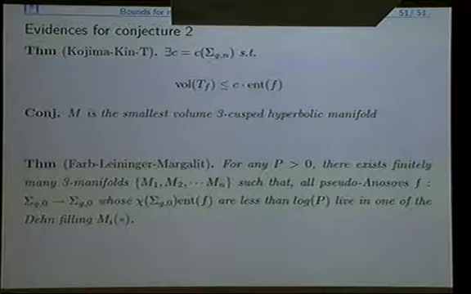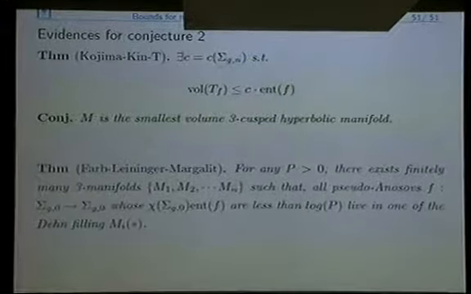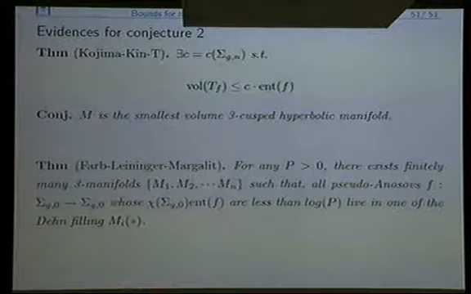And further, Lanneau and Margalit said that there are only finitely many remaining 3-manifolds, and all pseudo-Anosovs whose entropy is less than some constant live in one of the Dehn fillings over here.